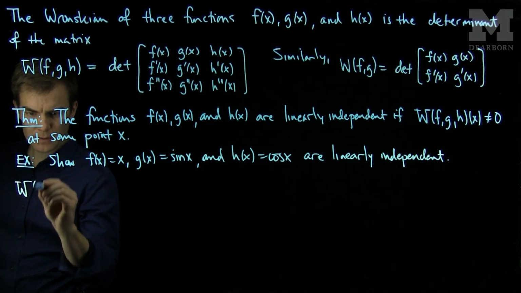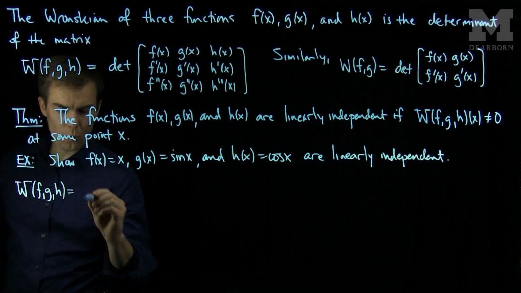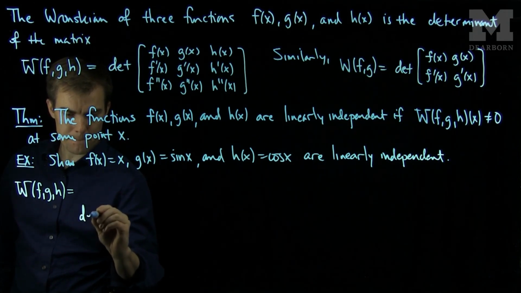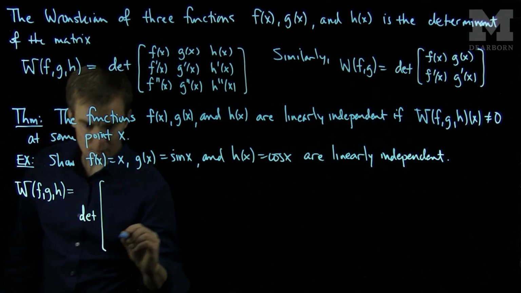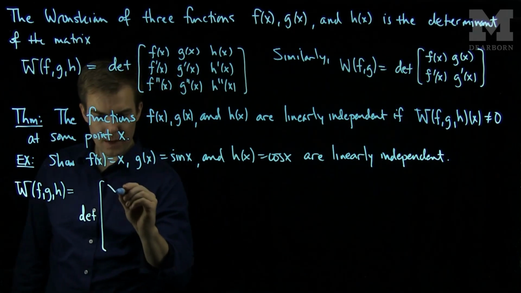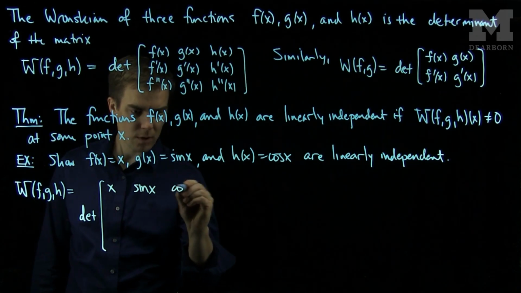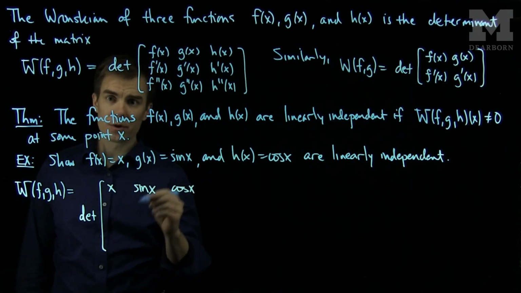The Wronskian of f, g, and h will be the determinant of the matrix that we get by putting the functions in the first row: x, sine x, cosine x. Their derivatives in the second row.